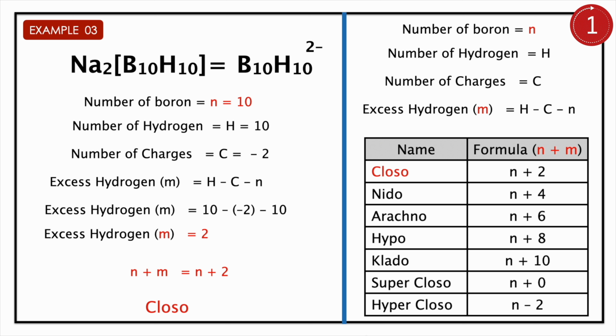Number of hydrogens are 10, so H is 10. Charge is minus 2, so C is minus 2. Excess of hydrogen will be H minus C minus N, which is 10 minus of minus 2 minus 10. So M will be 2. So it is an n plus 2 system. It is Closo. So the structure of Na2B10H10 is Closo.